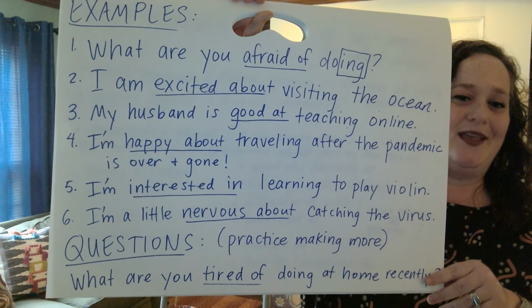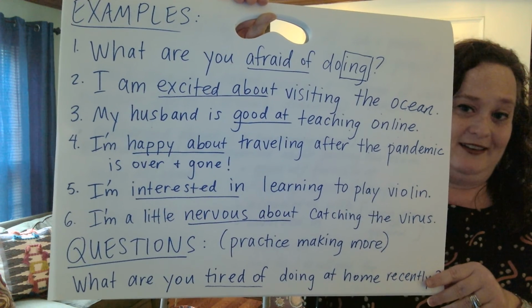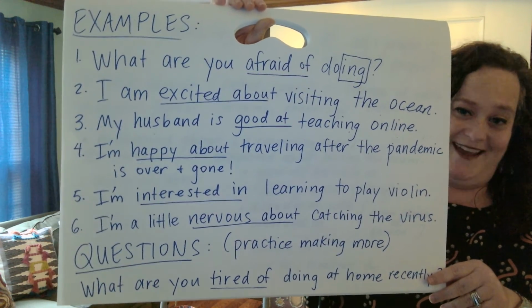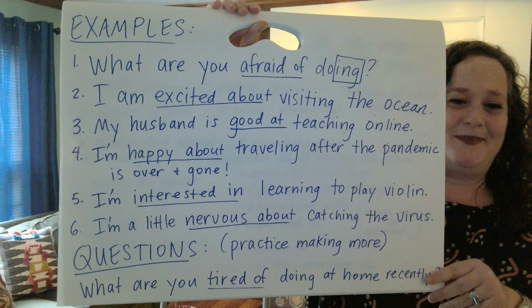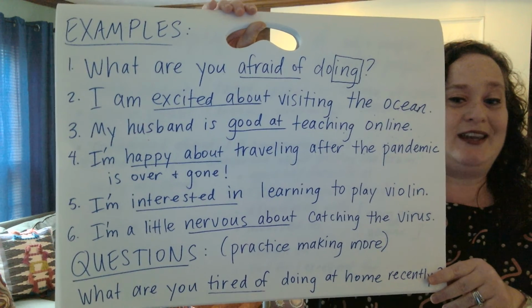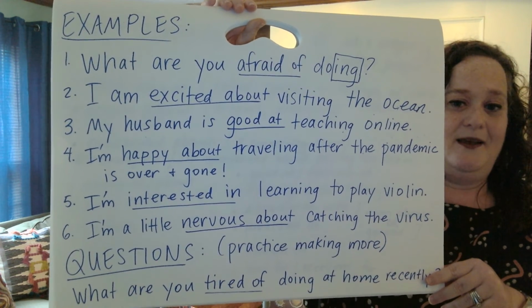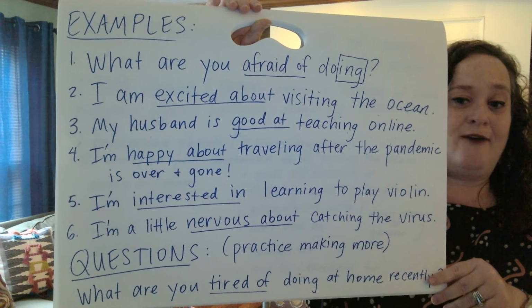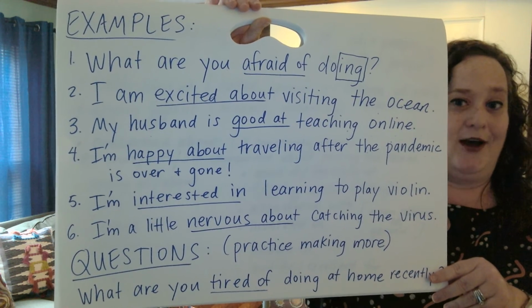Number 2, I am excited about visiting the ocean. I miss the ocean and I would love to be there today, but sadly I can't. Number 3, my husband is good at teaching online. Number 4, I'm happy about traveling after the pandemic is over and gone.